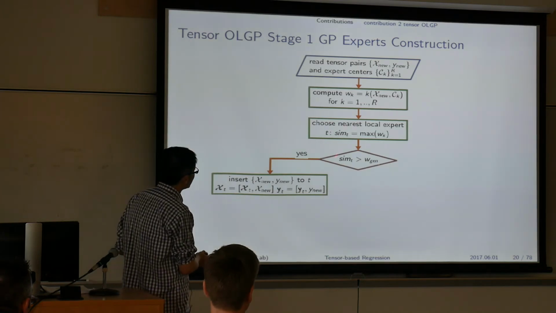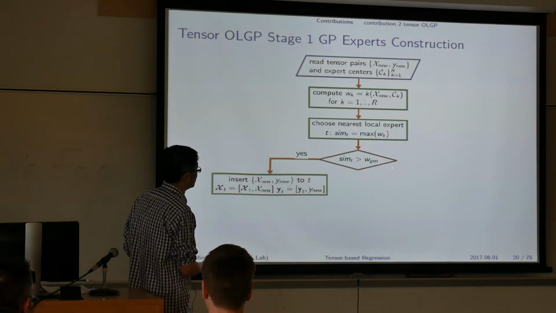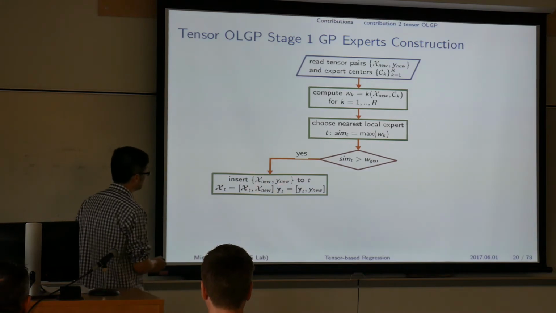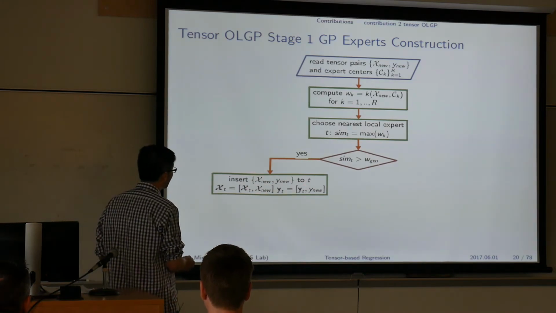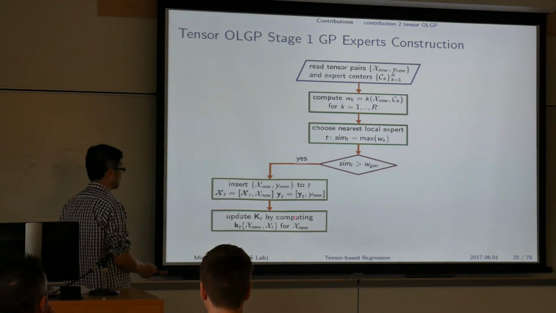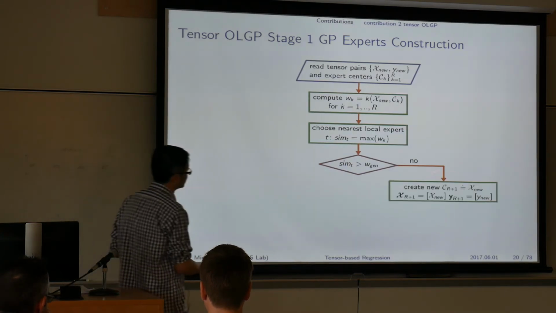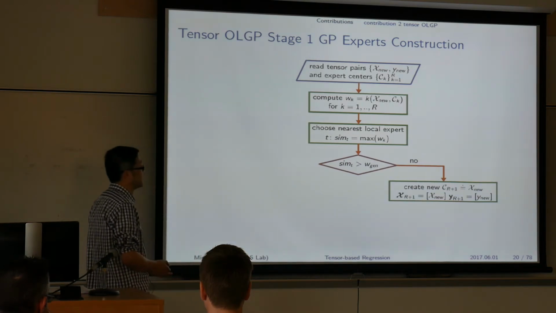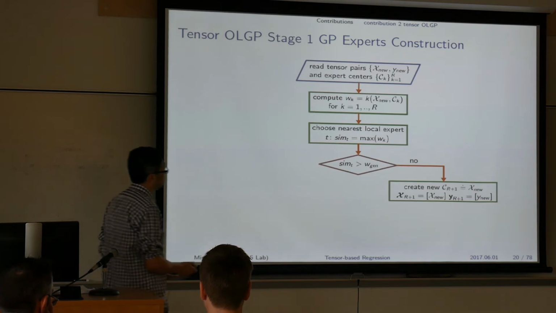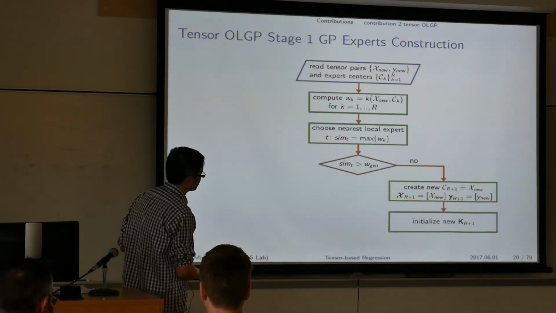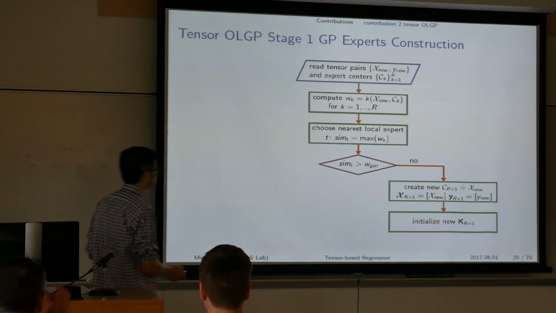If this similarity measure is greater than some predefined threshold, we insert this tensor pair into that local expert, and update the kernel matrix of that local expert accordingly. Otherwise, we define this new tensor data as the center of a new local expert R+1, and initialize its kernel matrix.